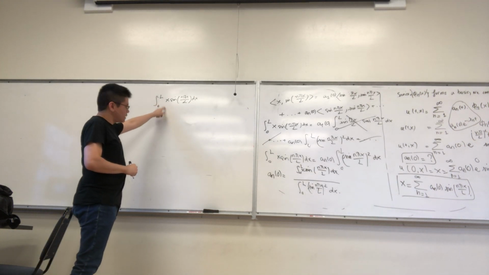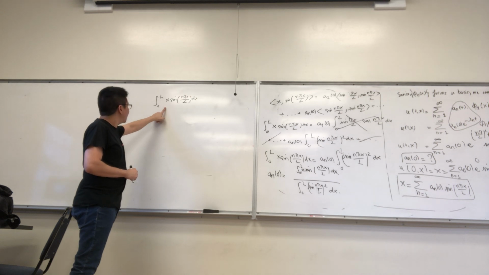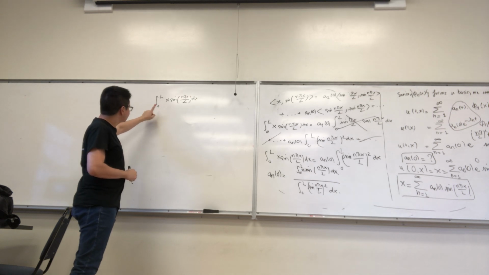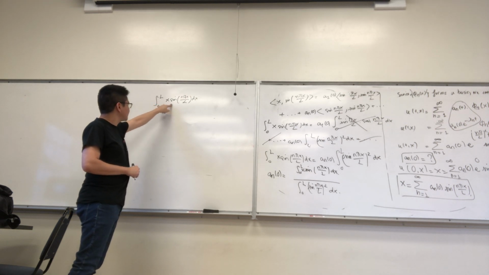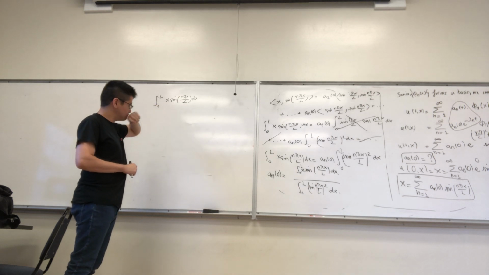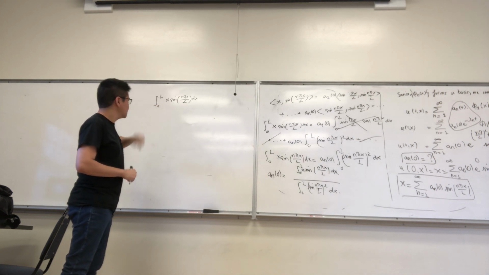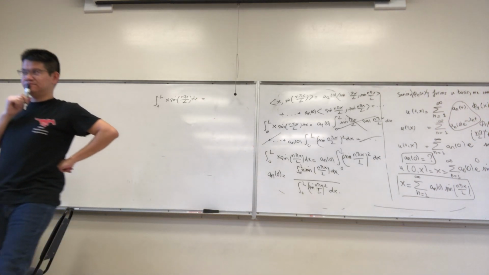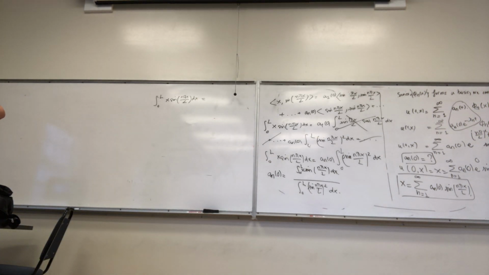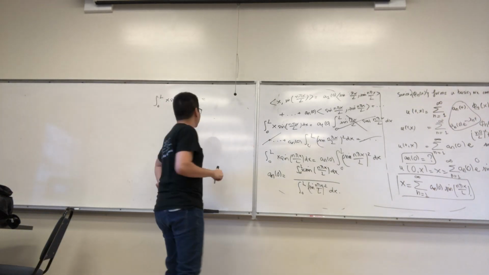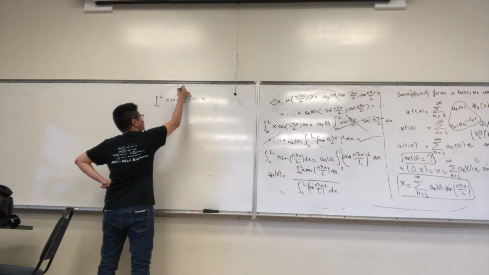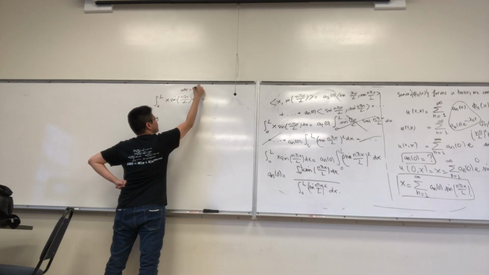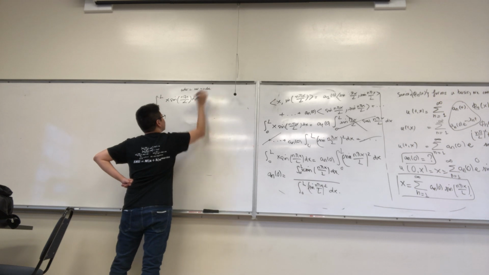So now I have to take the integral from 0 to L of x sin(n pi x over L) dx. How do I do this computation? Yes, you have to do integration by parts. You have u dv is uv minus v du.